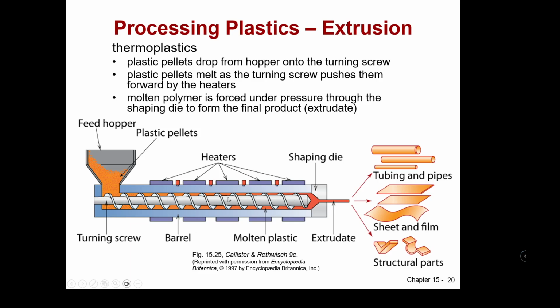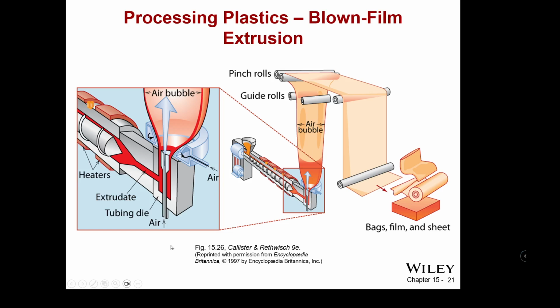This way there's less free space, and you increase the pressure as you go along in order to force it out the shaping die. You can make tubing, pipes, filaments, sheets, films, as well as structural parts. So lots of different things are formed using this kind of process as well.